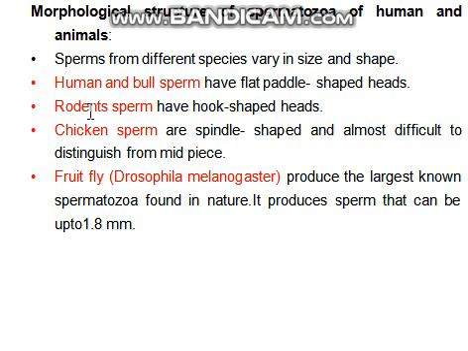Whereas the rodents, for example the rat, have a hook-shaped head, and in the case of chicken you will get a spindle-shaped sperm itself. In that case it would be very difficult to distinguish the mid piece.